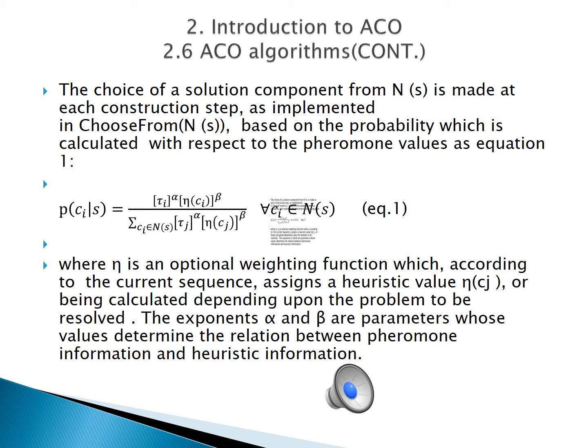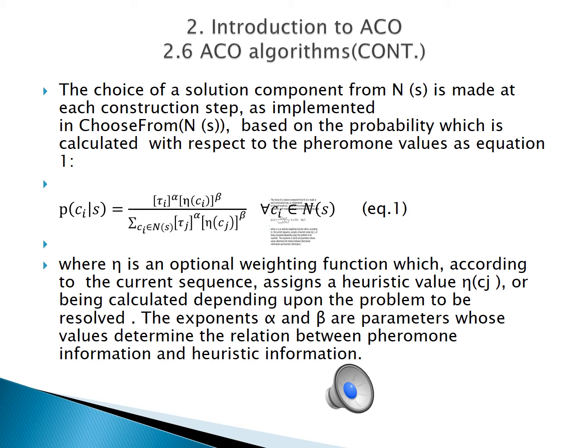The choice of a solution component from N is made at each construction step, based on the probability which is calculated with respect to the pheromone values as in equation 1, where η is the optional weighting function which, according to the current sequence, assigns a heuristic value, calculated depending on the problem to be solved.